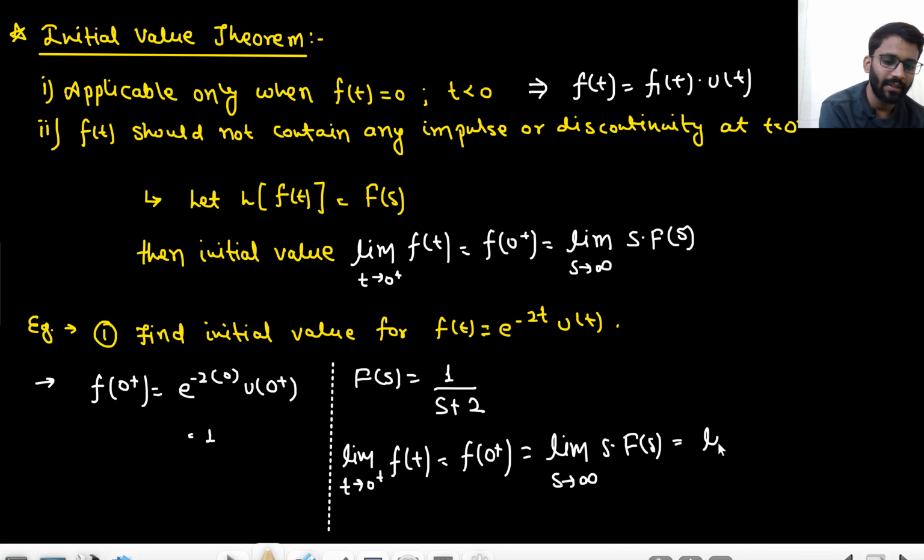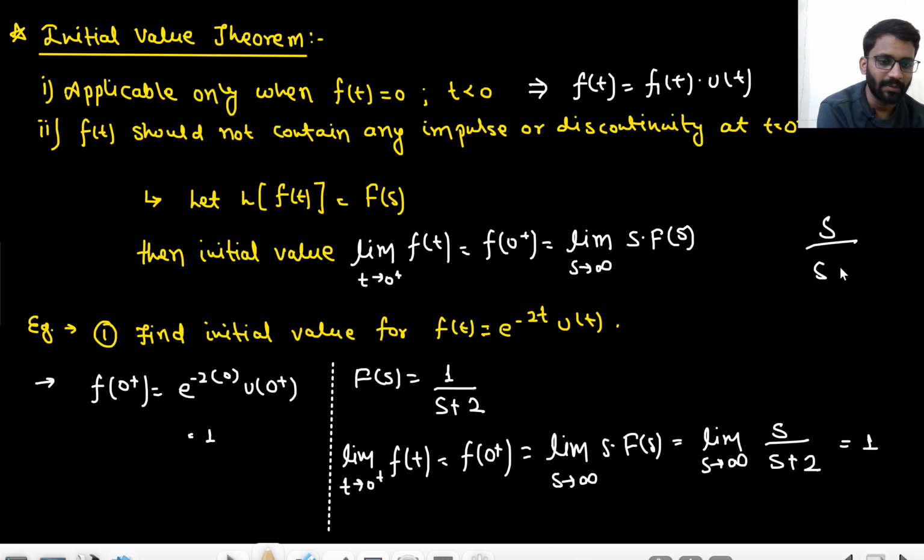So limit s tends to infinity, what is s into F of s? That is s upon s plus 2. So s is very large, so s upon s plus 2 can be approximated to s only. So this and this will get cancelled and the value we will get is 1.